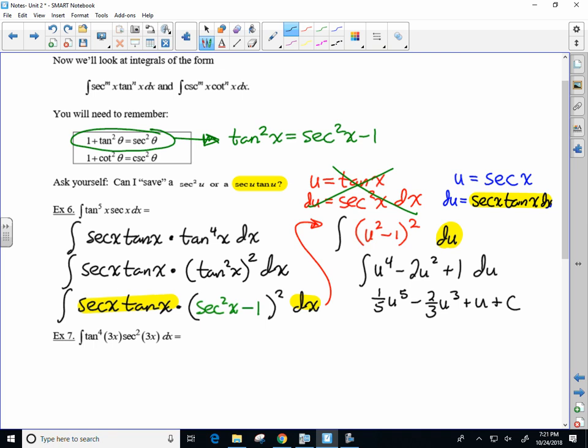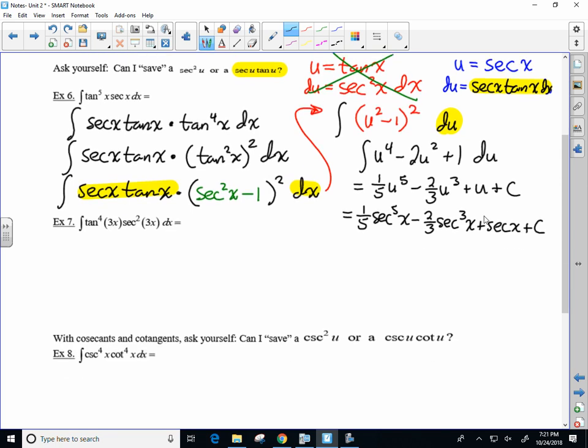All right, so 1/5 secant to the 5th of x minus 2/3 secant to the 3rd of x plus secant x plus c. That's a good looking problem right there. I like that one.